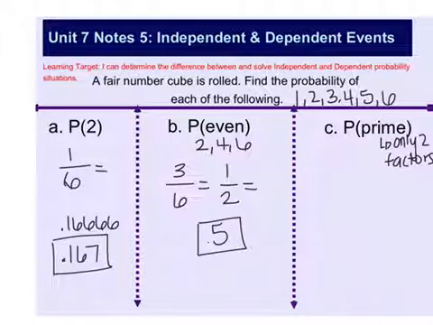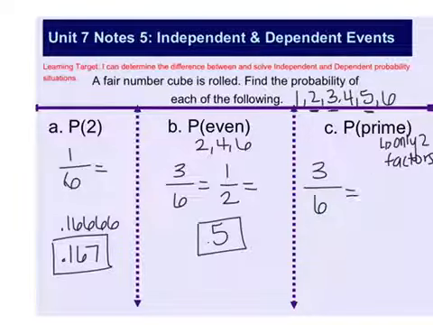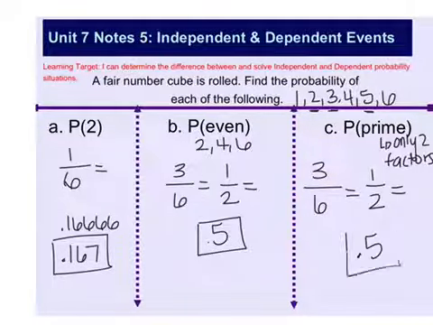So 2 is a prime number. 3 is a prime number because it's only 1 and 3. 4 is not because my factors of 4 are 1, 2, and 4, so that has 3 factors. 5 only has factors of 1 and 5, and then 6 has 1, 2, 3, and 6. So I have 3 prime numbers on a number cube out of 6 total. Again, that gives me 1/2. Reduced to a decimal is going to be 0.5.